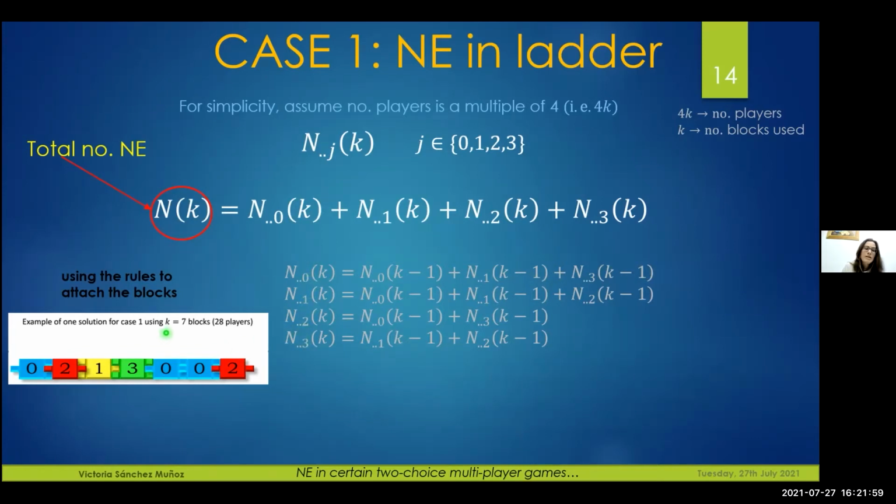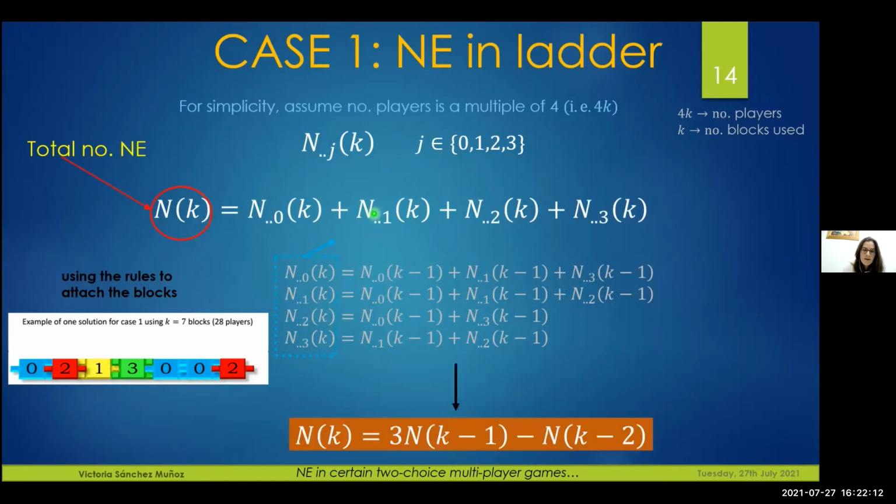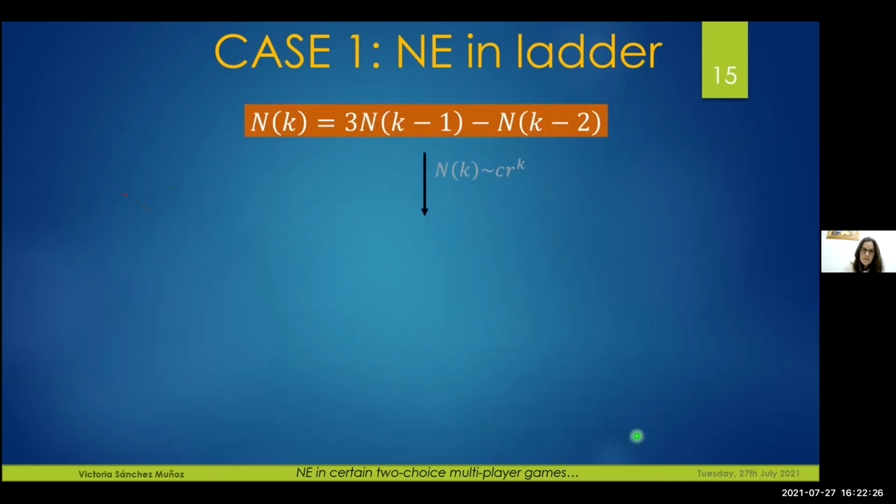So effectively, the number of solutions using 7 blocks is related to the number of solutions using 6 and 5, and so on. So when you plug these relations back in here, what you end up with is a recurrence relation, which might be similar to Fibonacci, but it's not. So wait for it.